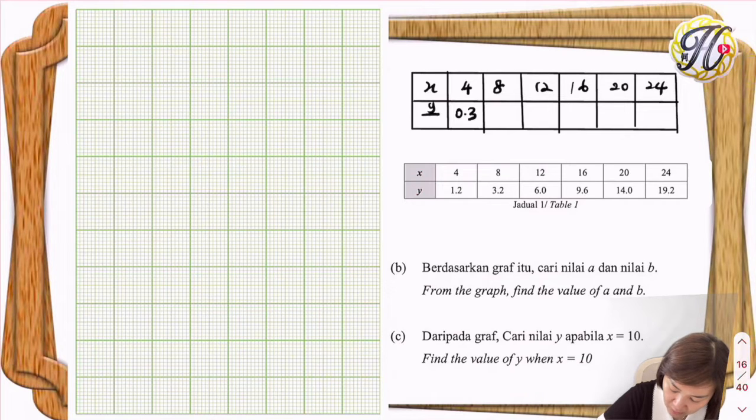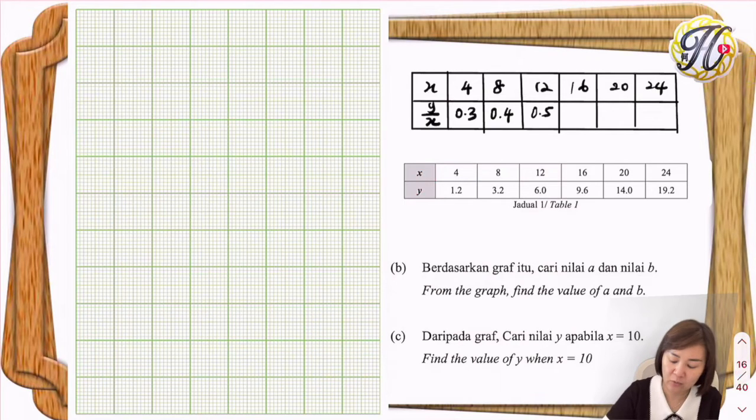So this is y over x. Then 3.2 over 8, which is 0.4. Sorry, not 0.8 but 0.4. Then 6 over 12 is 0.5.